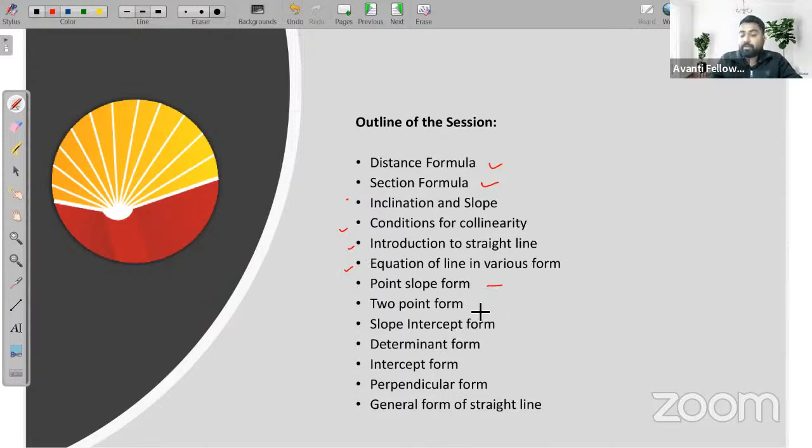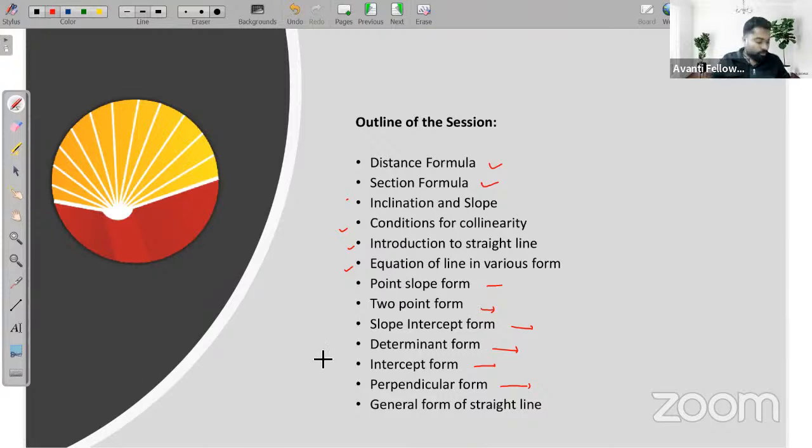First is point slope form, then two-point form, then slope intercept form, determinant form, intercept form, perpendicular form, and finally the general equation or general form of a straight line. So these are the things we are going to cover in today's class.